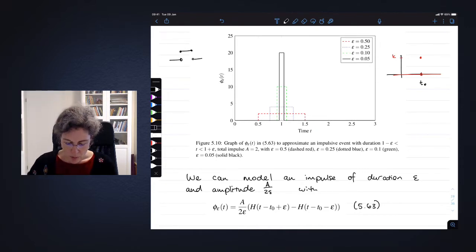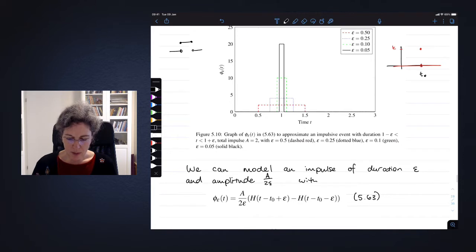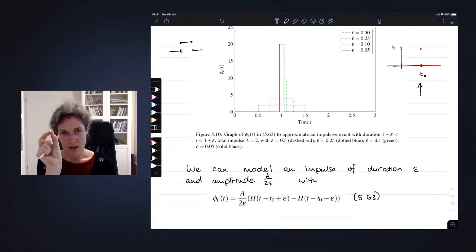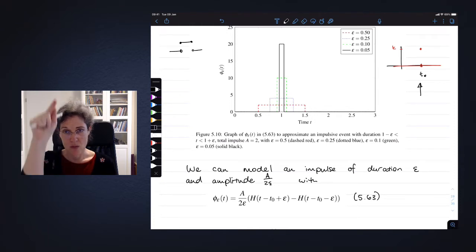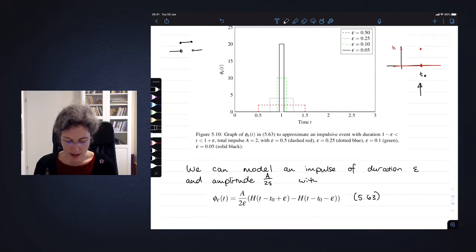So what we could do is model this crazy thing over here with a little step up, step down thing like that, where we decrease the width until it gets small enough that we're happy that we've really got an instantaneous up and down.